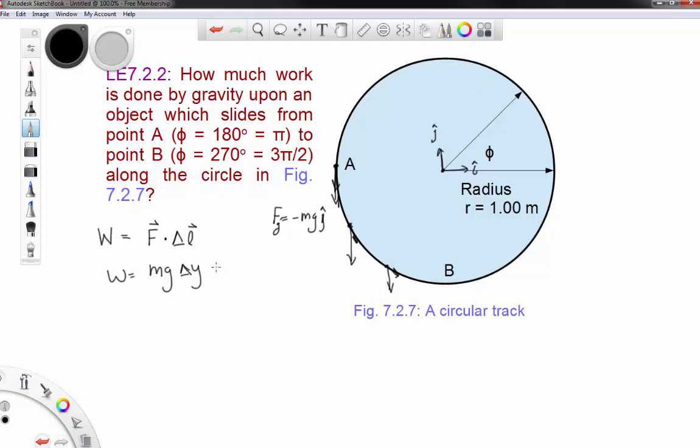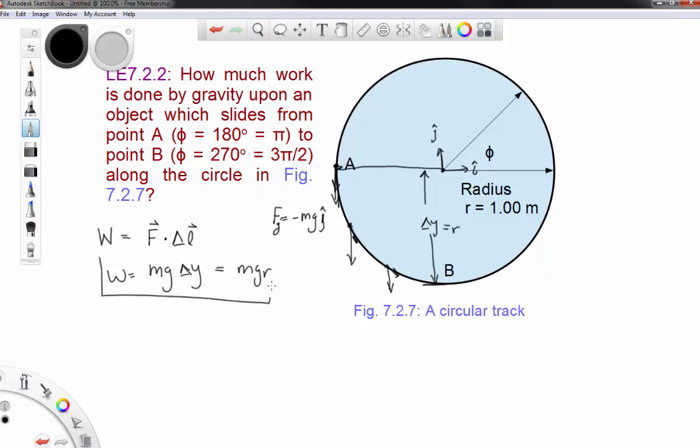So work should be mg delta y, which is mgr, since this starting point is level with the center of the circle, and our end point down here is at the bottom of the circle. So delta y is equal to r.